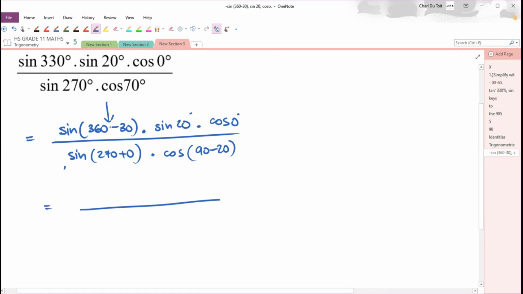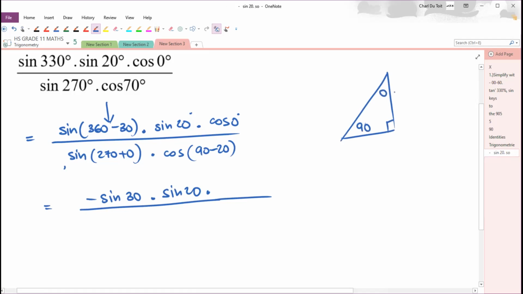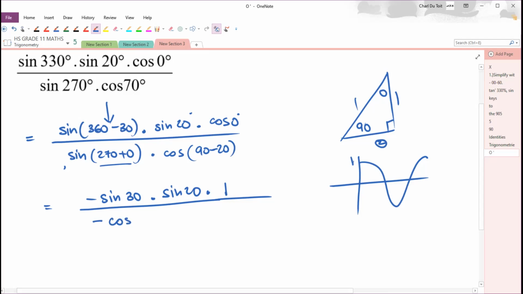So that's fourth quadrant. Negative sin 30 times sin 20 times cos 0. I can do cos 0 because I have this triangle: 90, 90, 0, 1, 1, 2, 0. So cos of 0 is 1. Or you could have thought of the cos graph. Cos of 0 is 1. Then this is fourth quadrant, negative for sin, but sin changes to cos of 0.